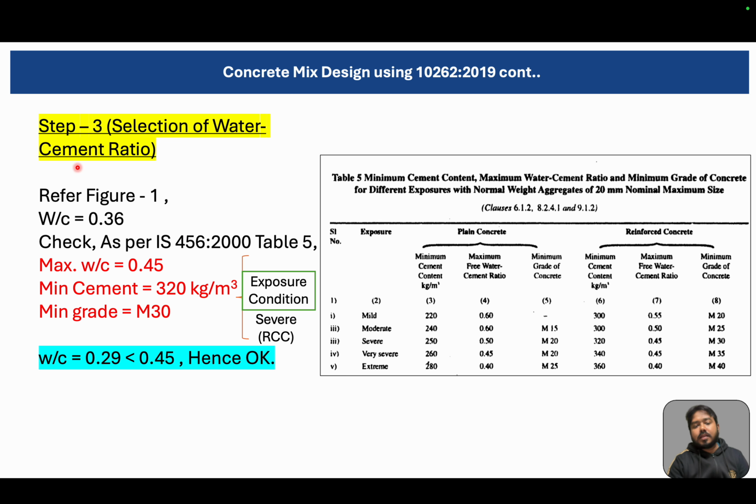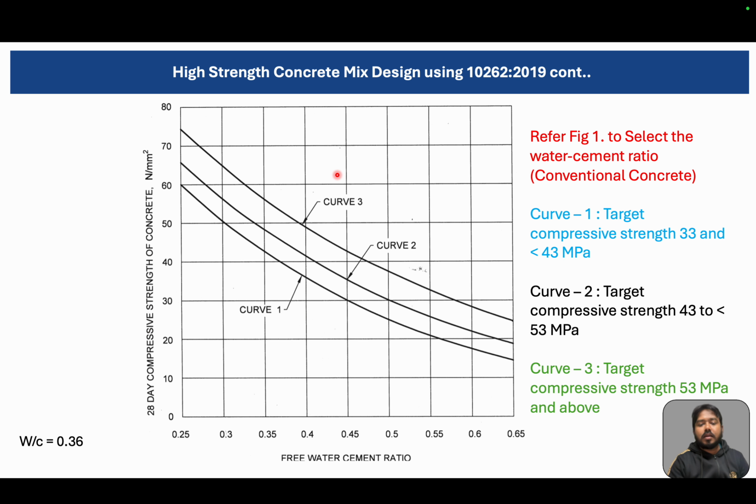Similarly, in step 3, for selection of the water cement ratio, you have to consider these three figures, and decide which curve to use. As your target strength is around 48 megapascal, you have to consider curve 2. Why? Because curve 2 indicates the compressive strength should be greater than 43 and less than 53.